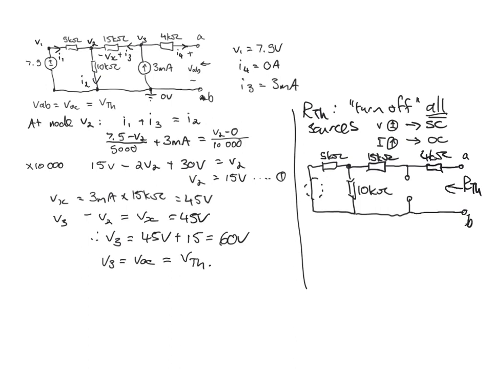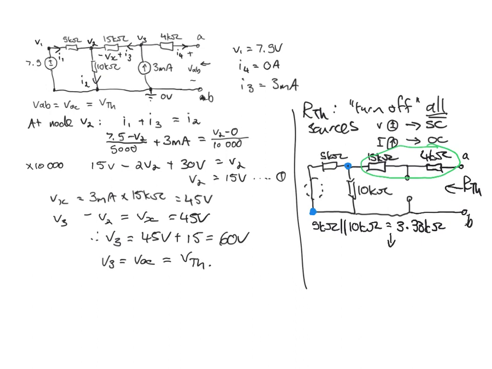So you can see that the 10 kilo ohm and the 5 kilo ohm are connected by these two common nodes, so they are in parallel with each other, and 5 kilo ohm in parallel with 10 kilo ohm is equal to 3.33 kilo ohms. And obviously the 15 kilo ohm and the 4 kilo ohm are in series, so together they make 19 kilo ohms.